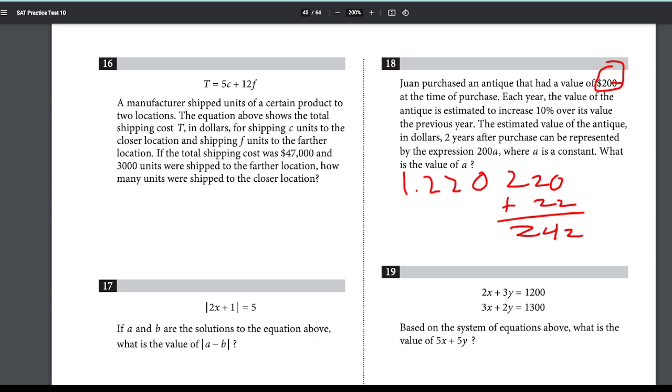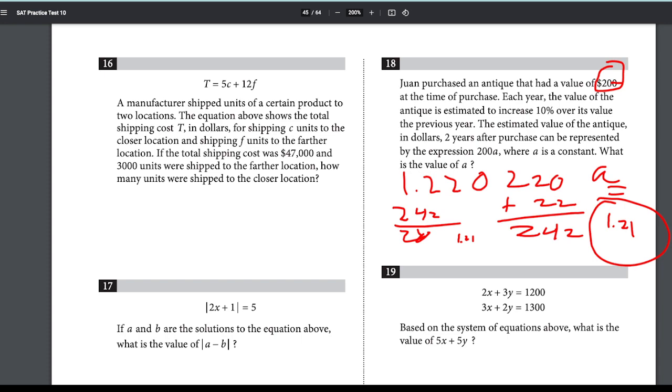So that would be the same thing as saying 200 multiplied by, let's see, 242 divided by 200. Well, first divide it by 2, and then divide it by 100. So that's 121, and then 1.21. Alright, yeah, so it's 1.21.